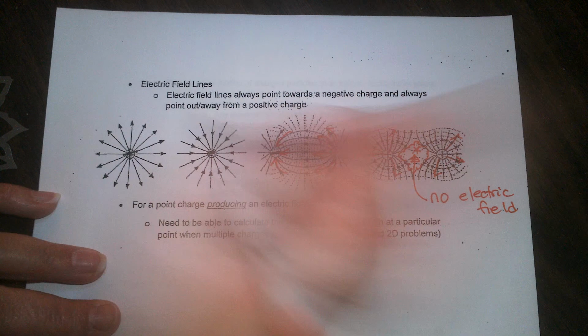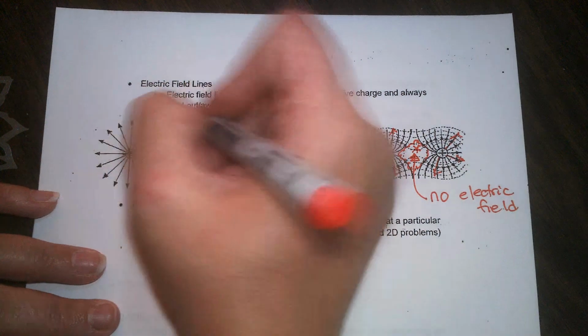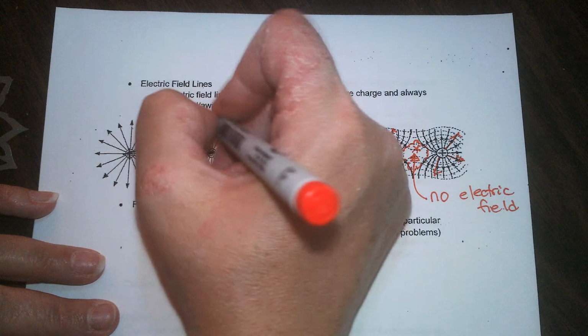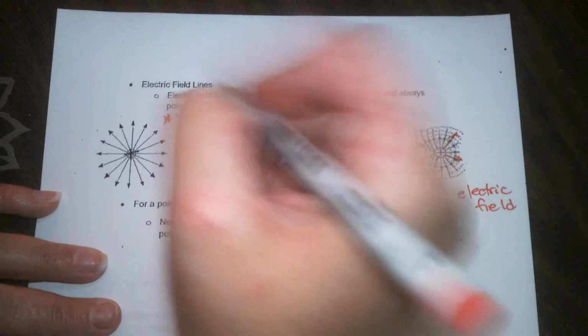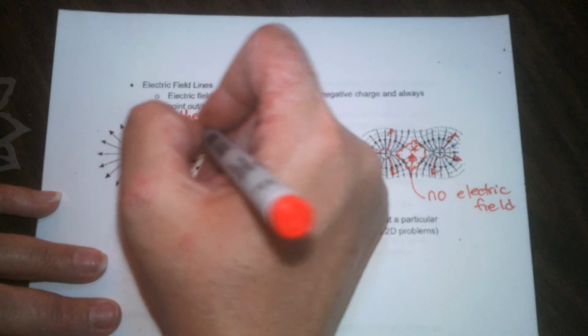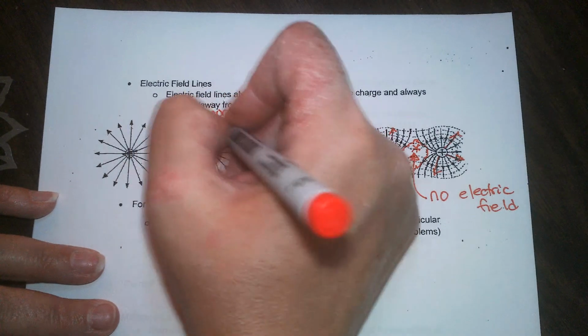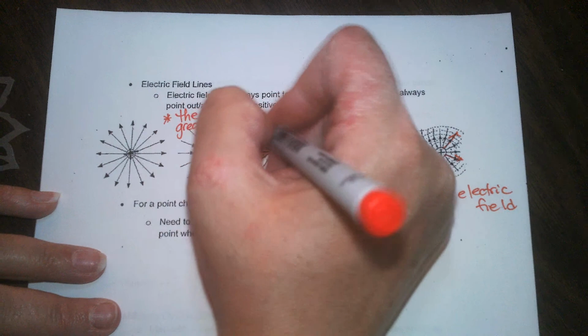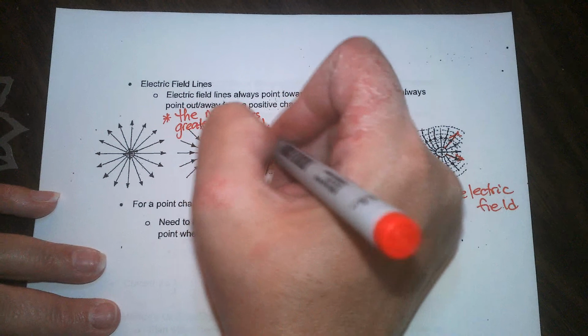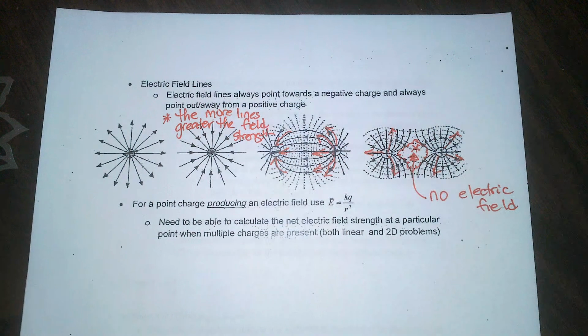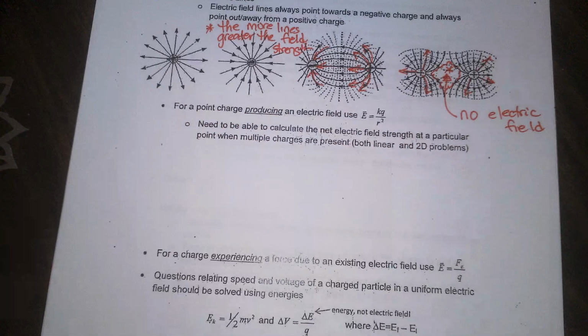One of the things that we also need to note is the more lines, the greater the field strength. Okay?